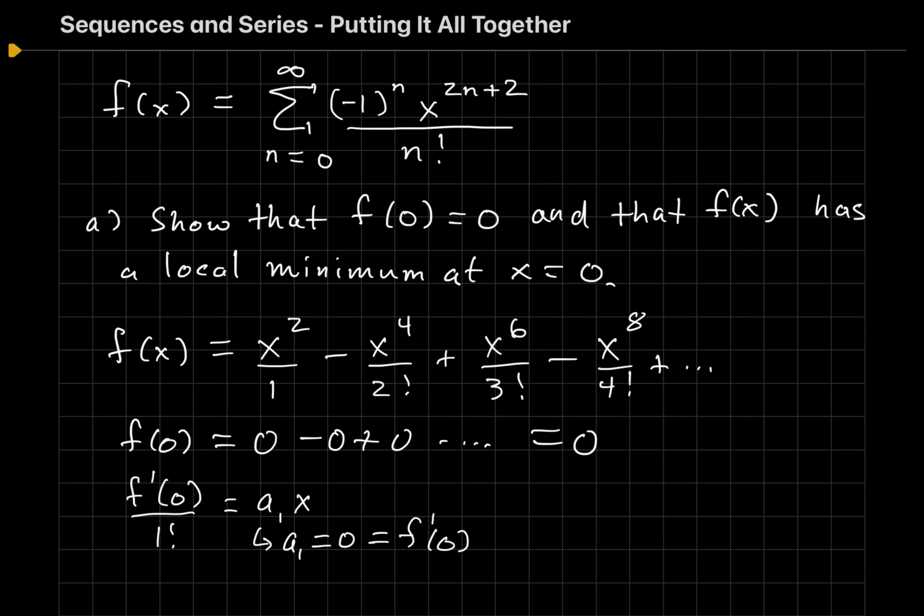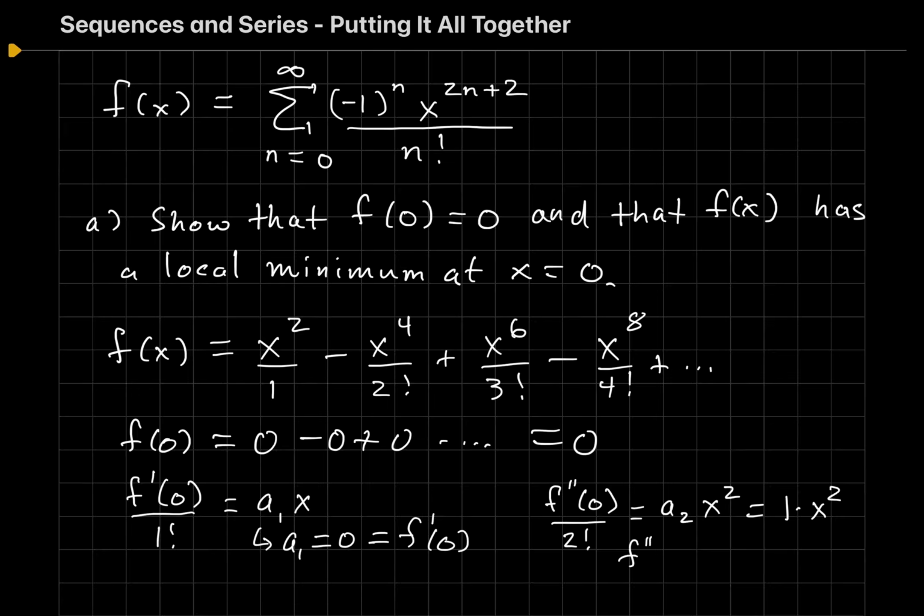because at a local max or min, the derivative must be either 0 or undefined. And then f double prime of 0 over 2 factorial is the coefficient in front of the x squared term, which is 1.